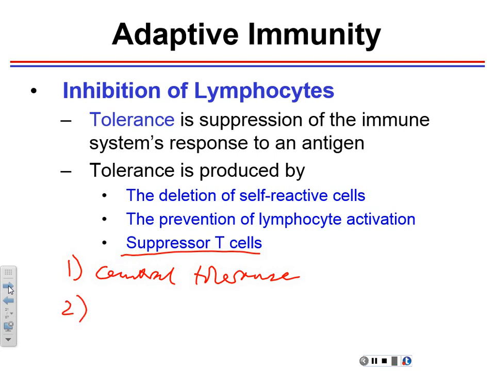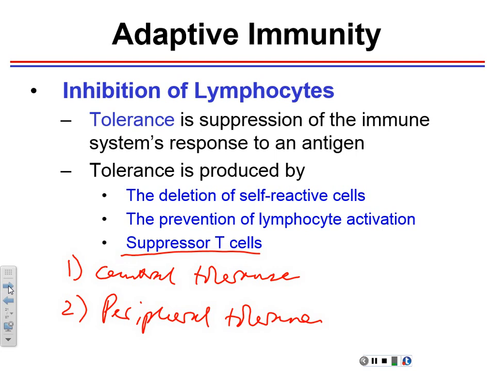Okay. Then let's say this cell has escaped central tolerance screening methods, and it becomes a mature cell. There is what is called peripheral tolerance, right? Peripheral tolerance will then deal with those cells that have survived the initial checkpoint, in the periphery, like in the lymph nodes and all this peripheral lymphatic tissue, right?